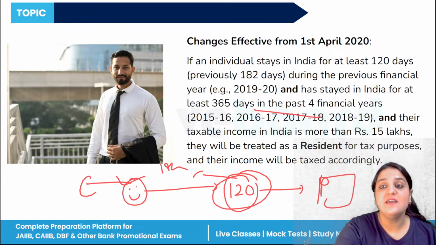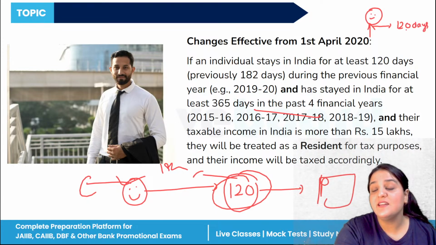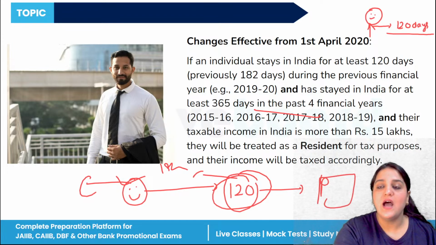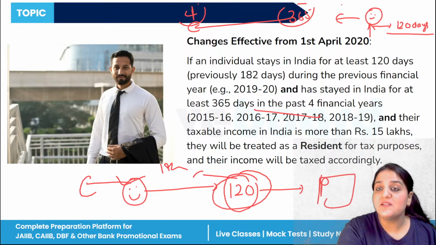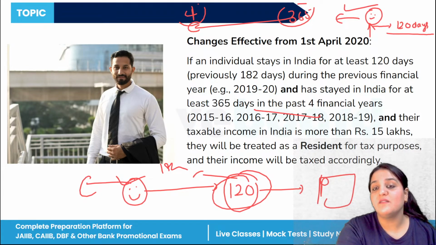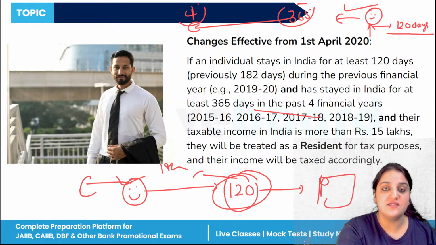What I am saying is, if a person is living in India for 120 days in the last financial year and at least 365 days in the last 4 years, that person is considered taxable, income is taxable if he or she is earning more than 15 lakh. Okay.